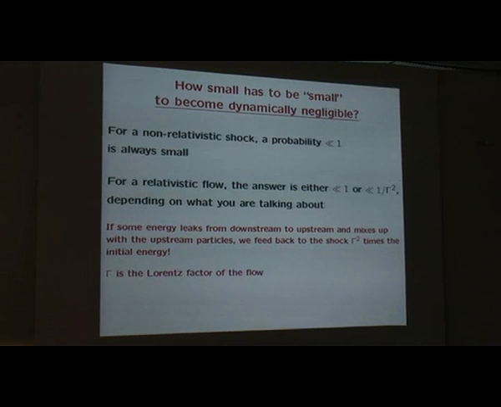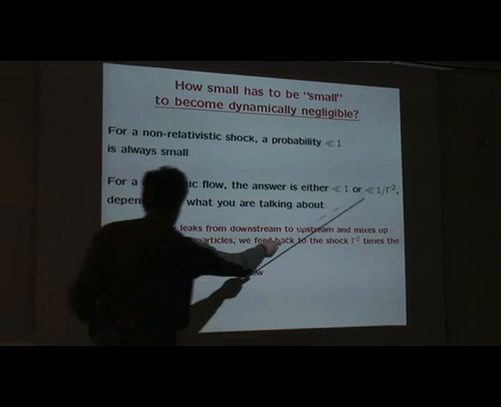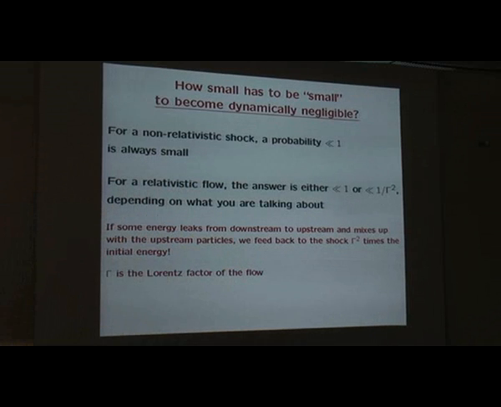So in principle, we have processes which have very, very low probability, but still they are dynamically important because they are about the second threshold. And the reason for that: if you imagine some process which transfers energy from downstream of a relativistic shock, I don't talk about shocks, but you can easily apply it to shear flows, it's not at all a problem, just for being more specific.